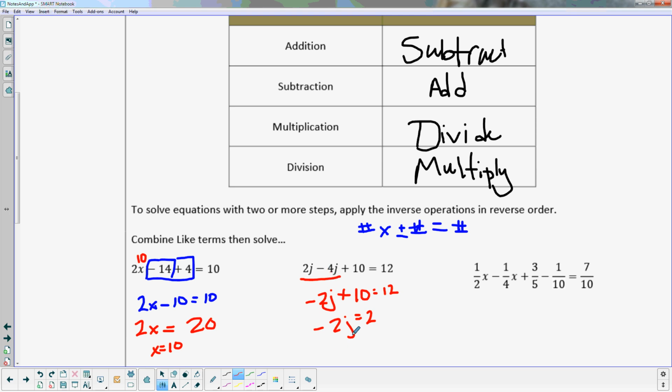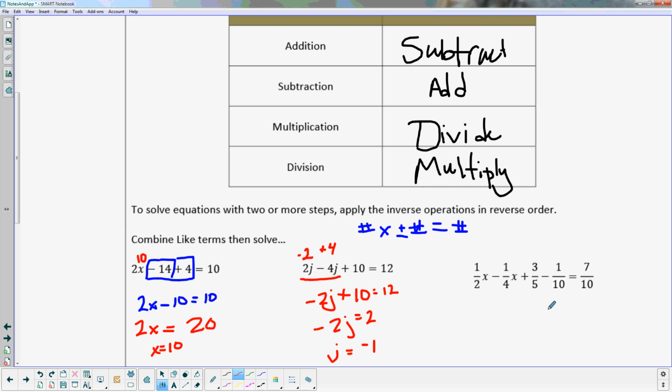When I divide, remember I have to divide by negative 2. And 2 divided by negative 2 is going to be negative 1. And I can check that same thing with negative 1 in for j. So that's minus 2. Negative 1 in for j here, I've got negative 4 times negative 1, which turns into a plus 4. And negative 2 plus 4 is 2, plus 10 is 12.